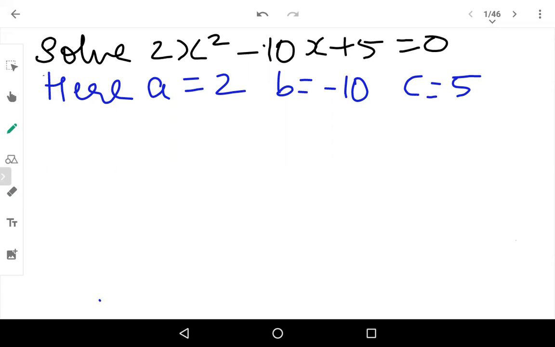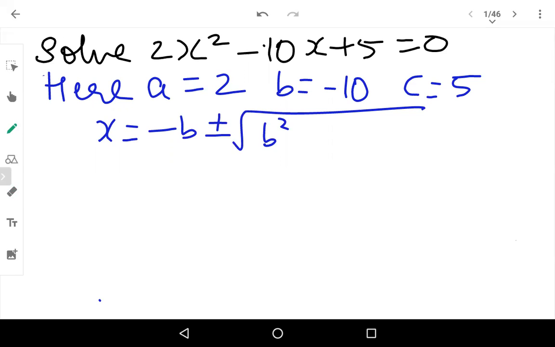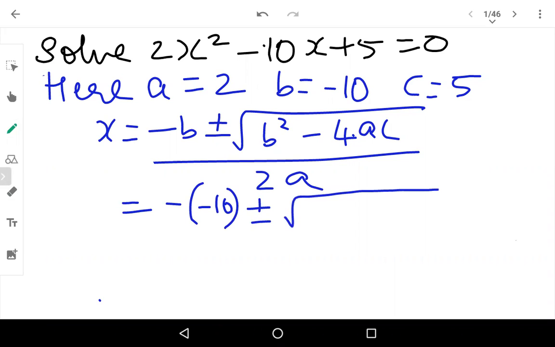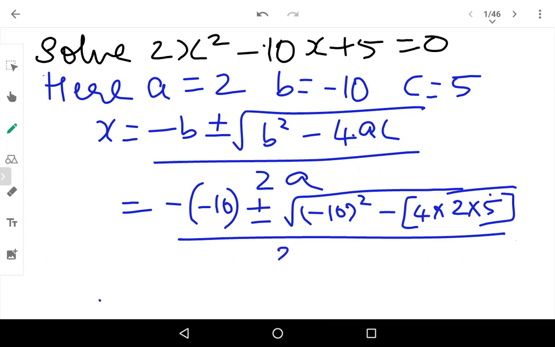Now write down the formula as it is. X is equal to minus b plus or minus square root of b square minus 4ac divided by 2a. So what is b? Minus of minus 10 plus or minus square root of minus 10 whole square minus 4 into 2 into 5, a and c, divided by 2 into 2.